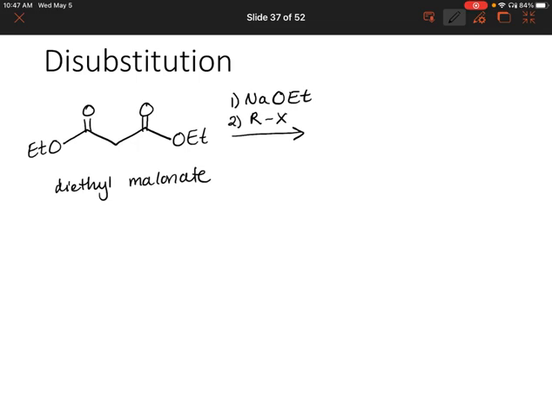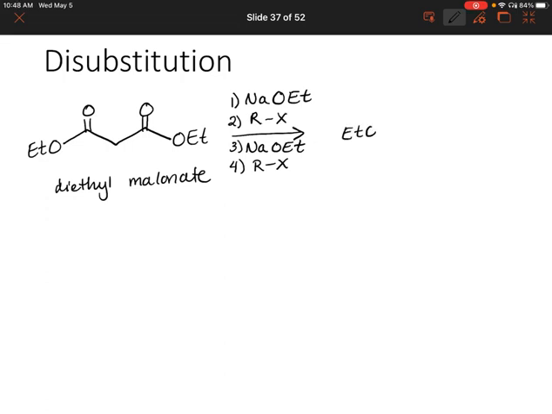Then we're going to do this all again. So unfortunately, we can't add the alkyl groups at the same time. We have to do it step by step. So in the third step, we'll add more of our alkoxide base, and in the last step, we'll add more alkyl halide.